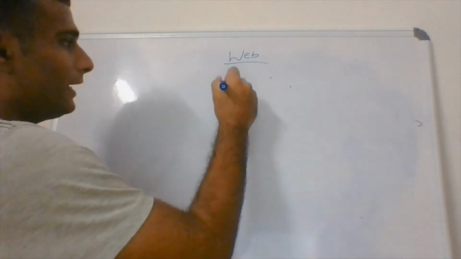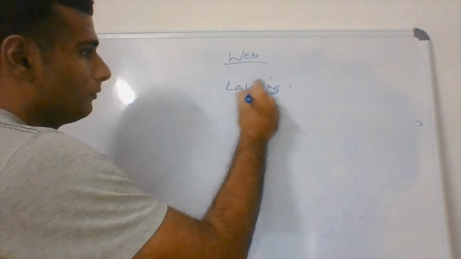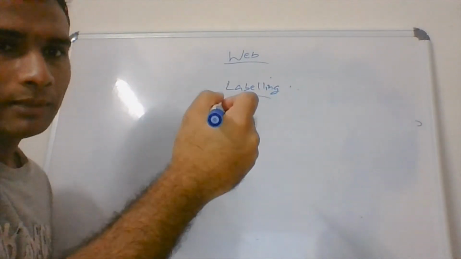The next we have labeling. The label tag defines a label for several elements.